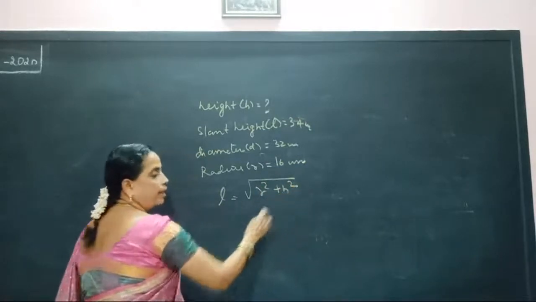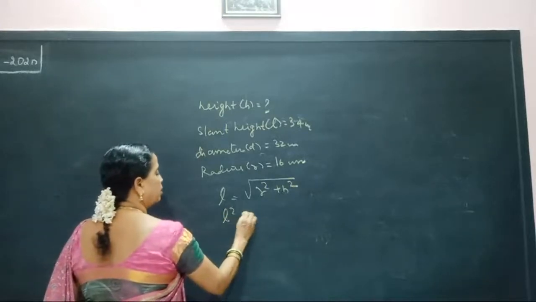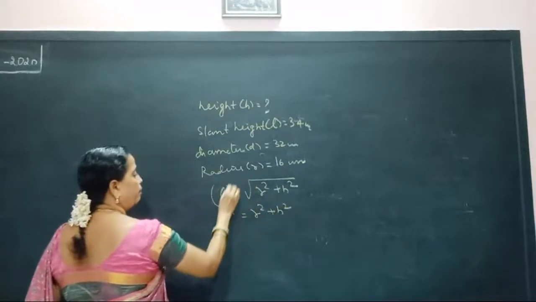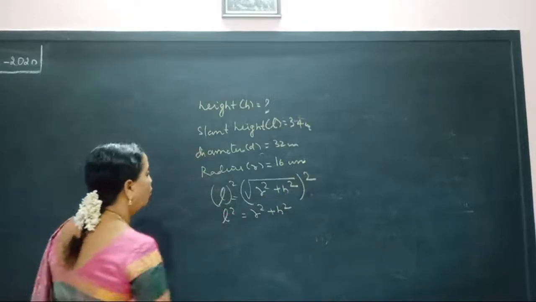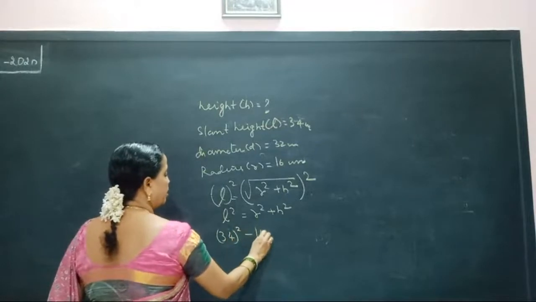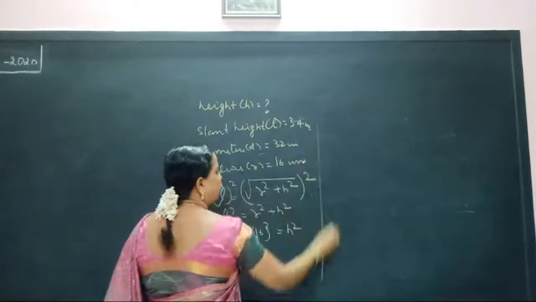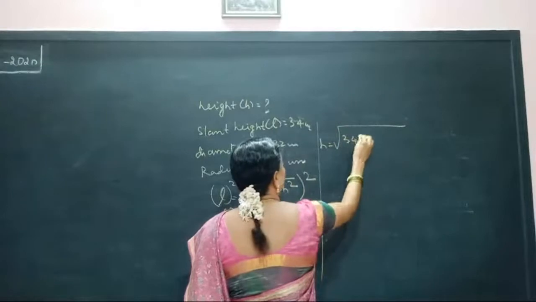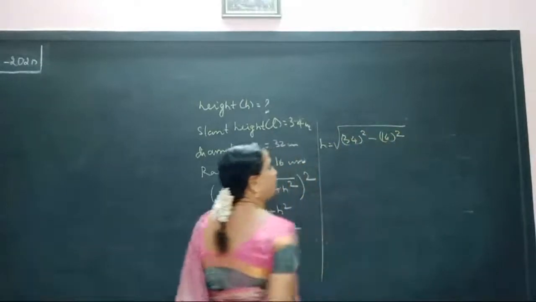But we require H. Square it on both sides. L square equals R square plus H square. The root gets cancelled when we square it. Now L is 34 square, radius is 16 square, equals H square. Therefore, H equals root of 34 square minus 16 square.